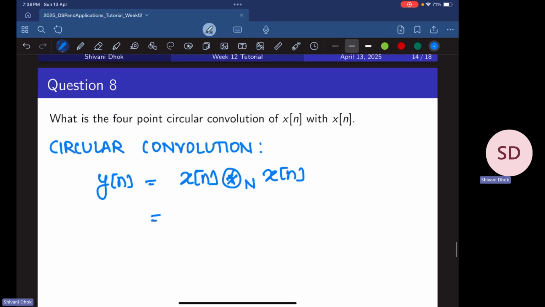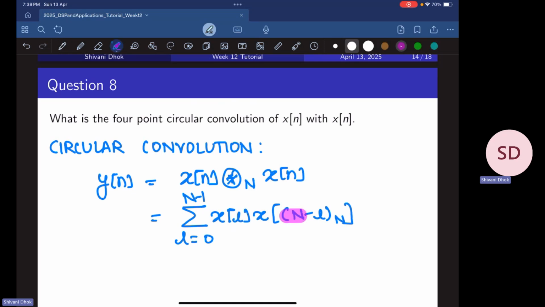And this is basically equal to summation l running from 0 to n minus 1 of x of l into x of n minus l modulo n. Okay, so this is how it looks. This is the modulo operator.